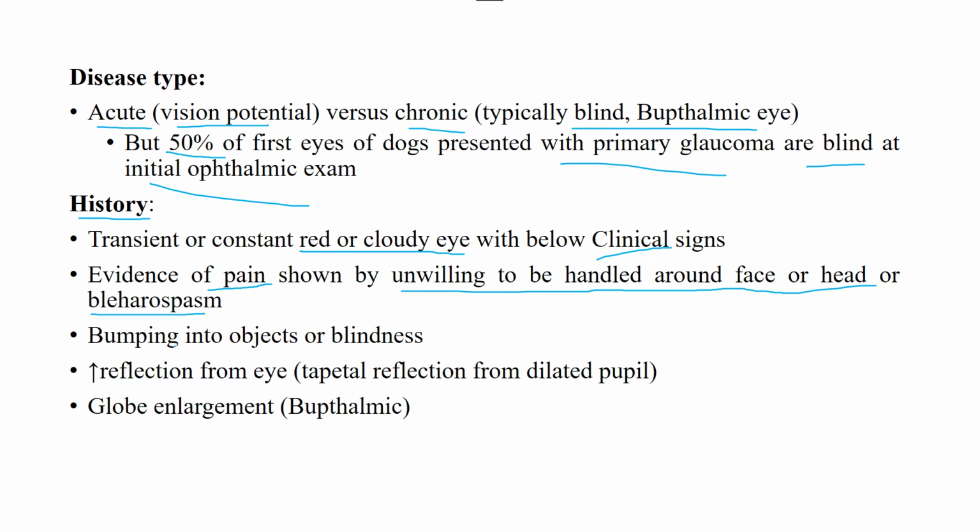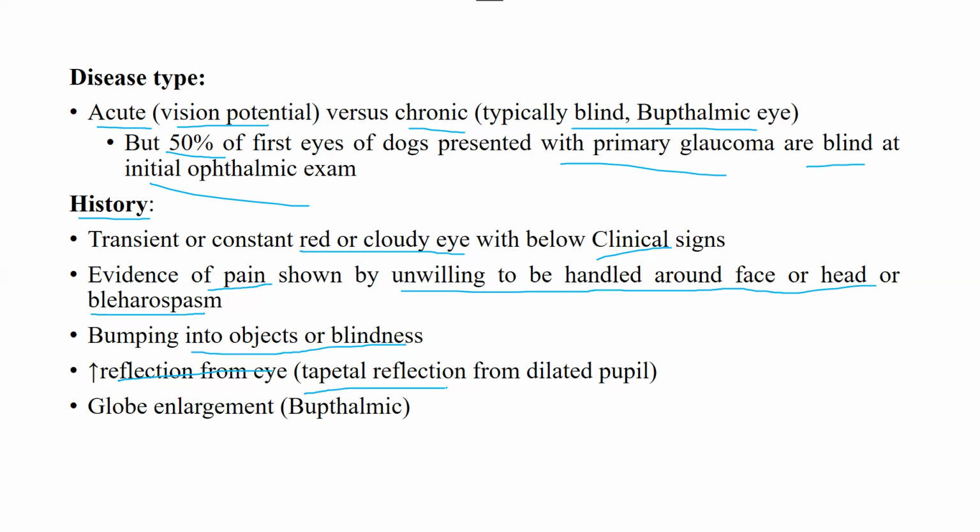The second thing is bumping into objects, that shows the blindness, because the animal can't see, so he bumps into objects or walls like that. Increased reflection from the eye. So basically, tapetum is a layer that we talked about in our initial lecture, talking about the anatomy of the eye.